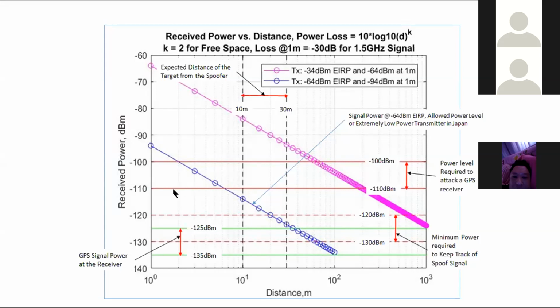Because minus 110 to minus 130 is a 20 dB difference, okay? This is now near to your cross correlation property of 22 to 24 dB for the PIN code. So if you have this much stronger signal coming to your GPS receiver in the same frequency or a nearby frequency, it will totally jam your GPS receiver.